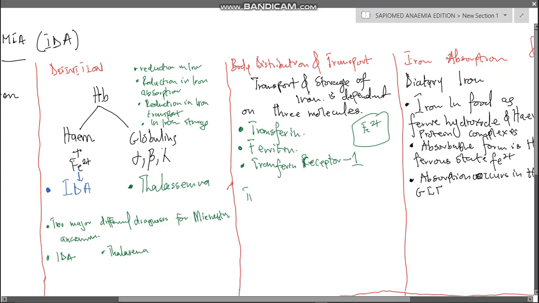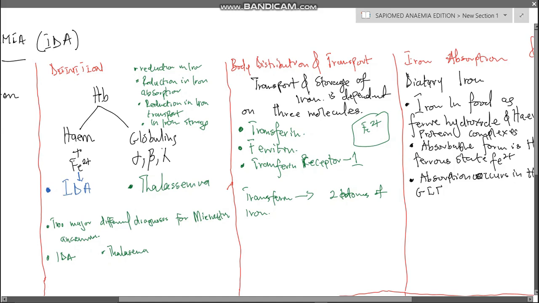So let's talk about the transferrin. All these ones are protein molecules that are found in the plasma. So transferrin is a protein molecule that is capable of transferring approximately two atoms of iron. So normally during hemoglobin synthesis, it's the transferrin that is responsible for the transfer of what?